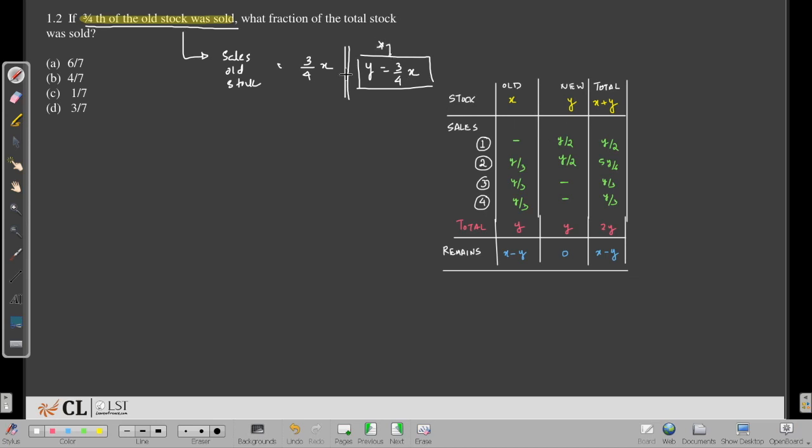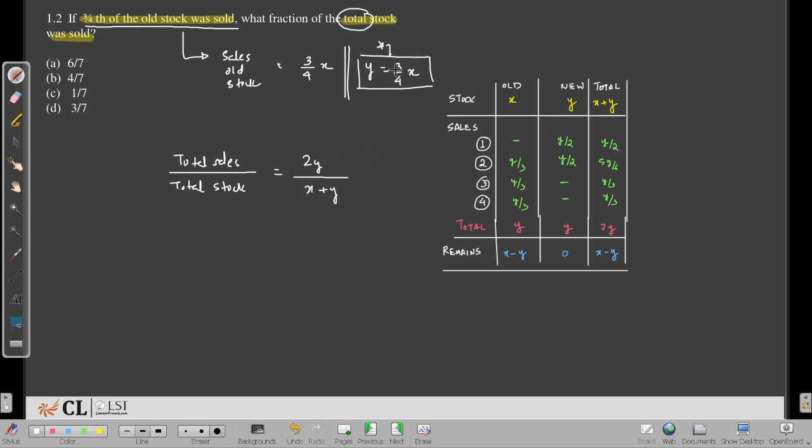What fraction of the total stock was sold? To answer that question, we need total sales divided by the total stock. The total sales is 2y, and the total stock is equal to x plus y.